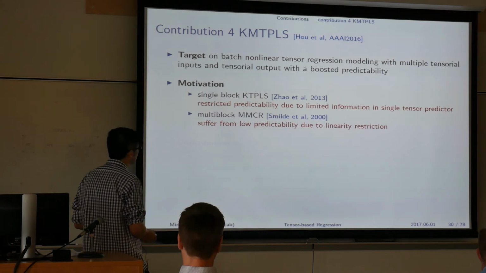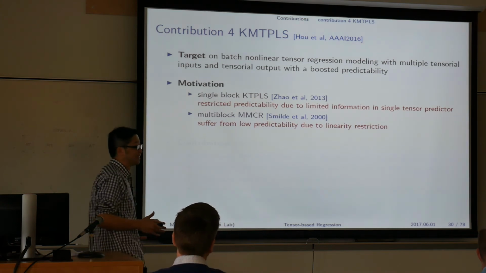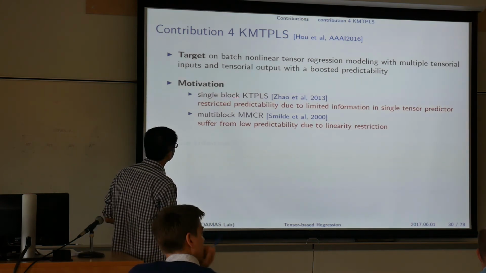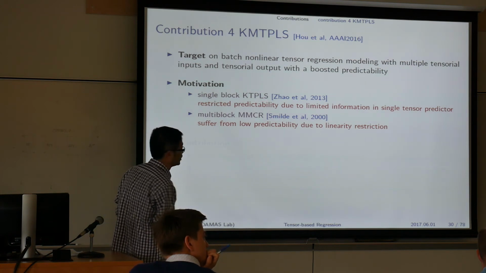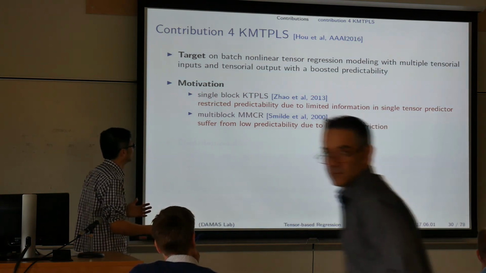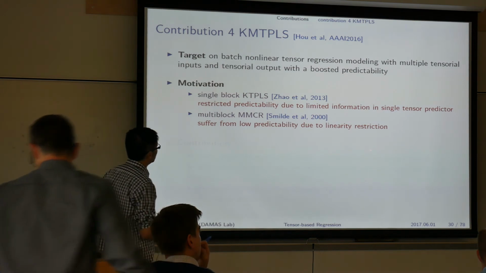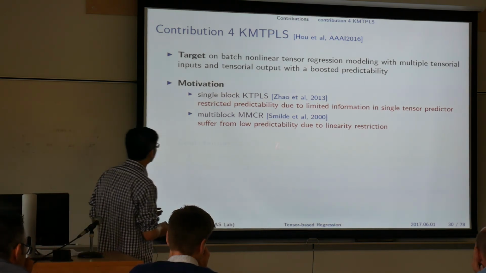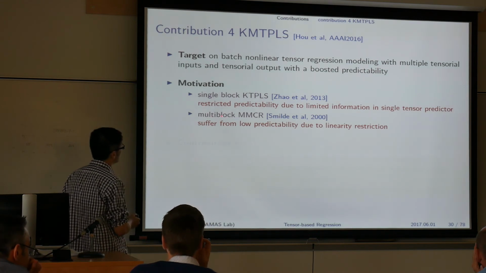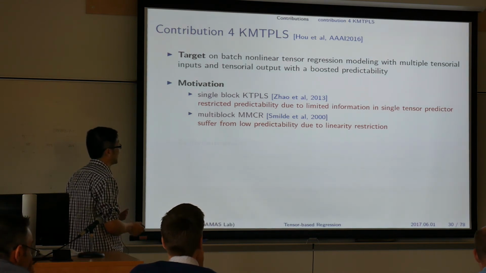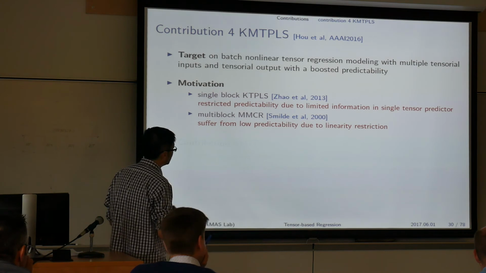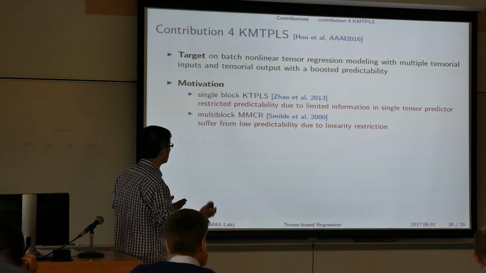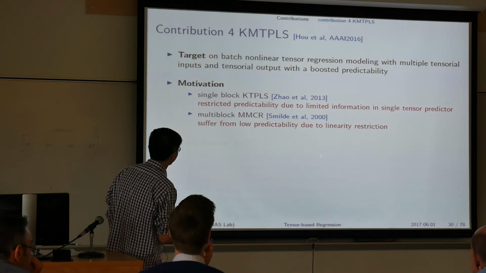The motivation comes from the fact that single-block KTPRS is always restricted in predictability because of the limited amount of information contained in the single predictor. And the multi-block MMSCR is a multilinear model that can handle all the predictor blocks in a hierarchical way, but still suffers from low predictability.